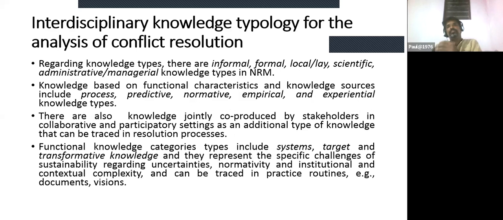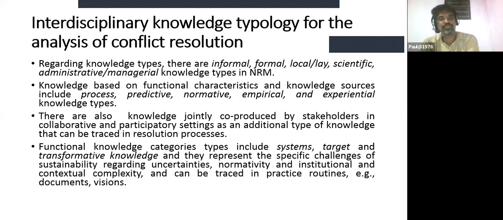So now let us come to the last session, interdisciplinary knowledge typology for the analysis of conflict resolution. Already we have come to different kinds of knowledge types that exist in natural resource management.